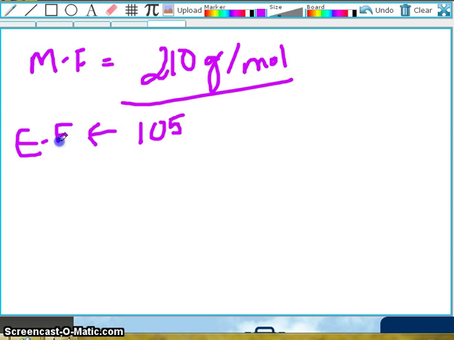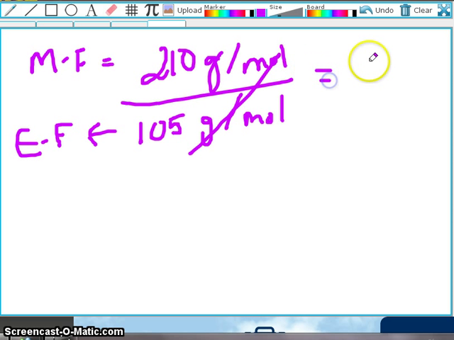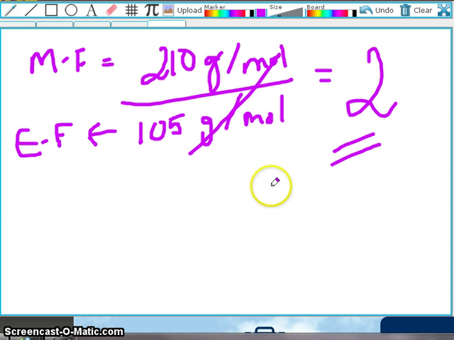So EF had a molar mass of 105 grams per mole. Obviously, grams per mole cancel out, and this gives you a 2. Now, what does this 2 stand for? Essentially, this is the ratio difference between the empirical formula and the molecular formula.